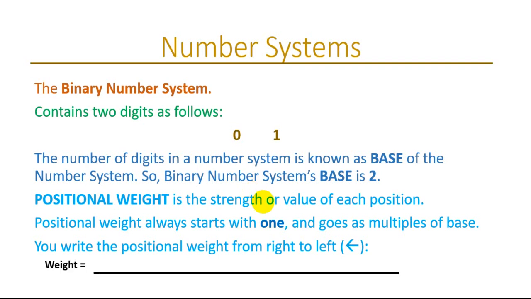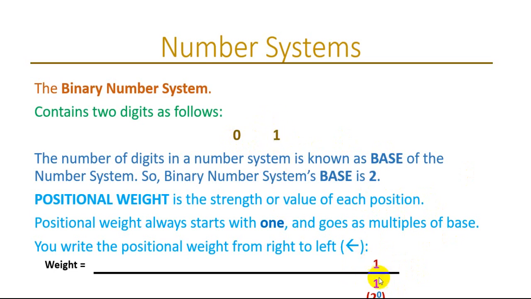So if we write the weights here, look at this. First you start with 1 anyway. In any number system, the first thing you start with is 1. In the decimal we started with 1, and in the binary we also started with 1. That is not an issue, because the binary number system has two digits, 0 and 1, so 1 is also there.